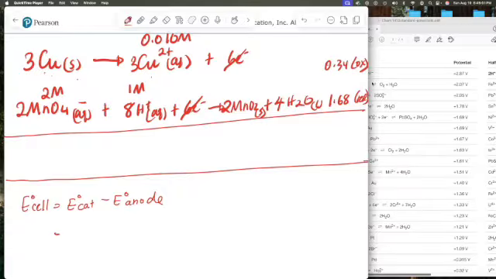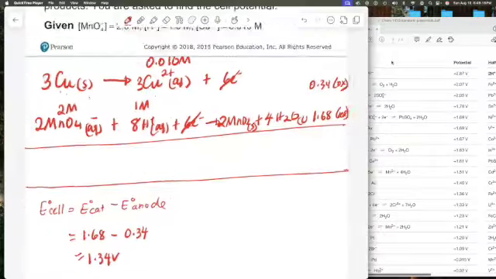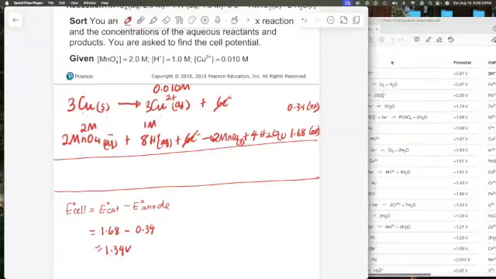Okay, E anode, E cathode. Cathode is 1.68 minus 0.34. I get 1.34 volts. Okay, let me add the two half reactions. So I get 3 Cu solid plus 2 MnO4 minus.